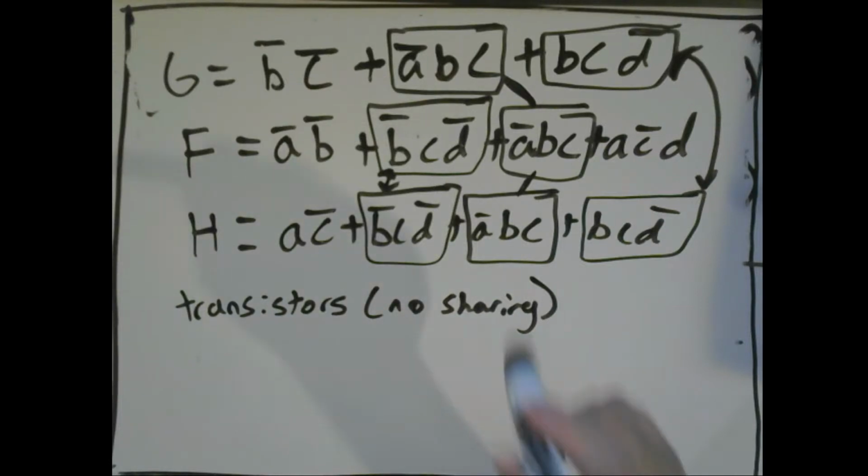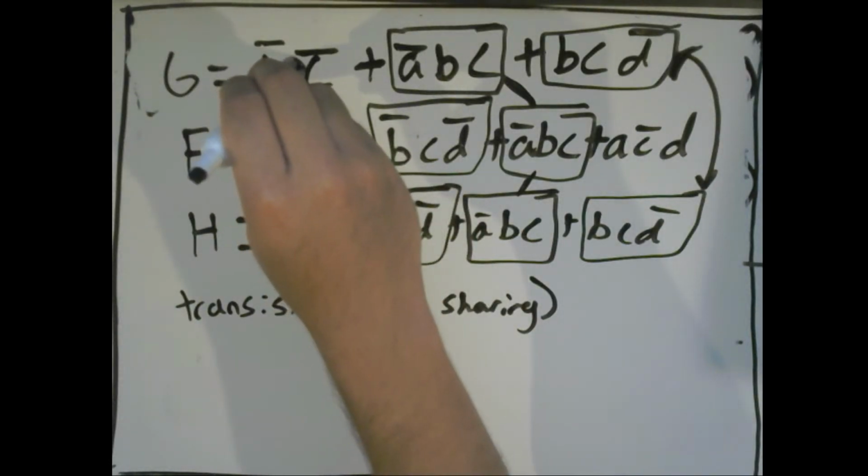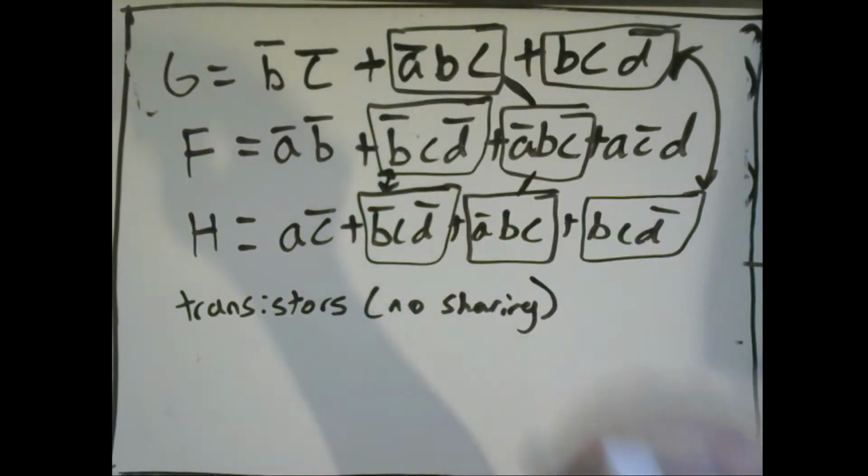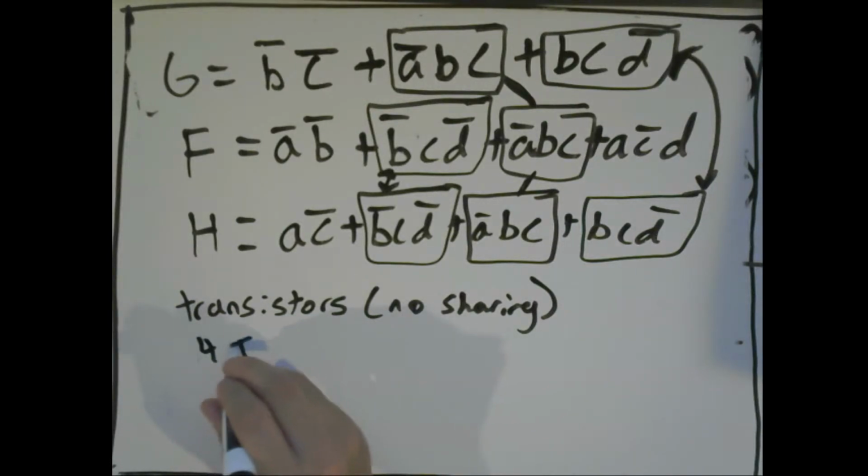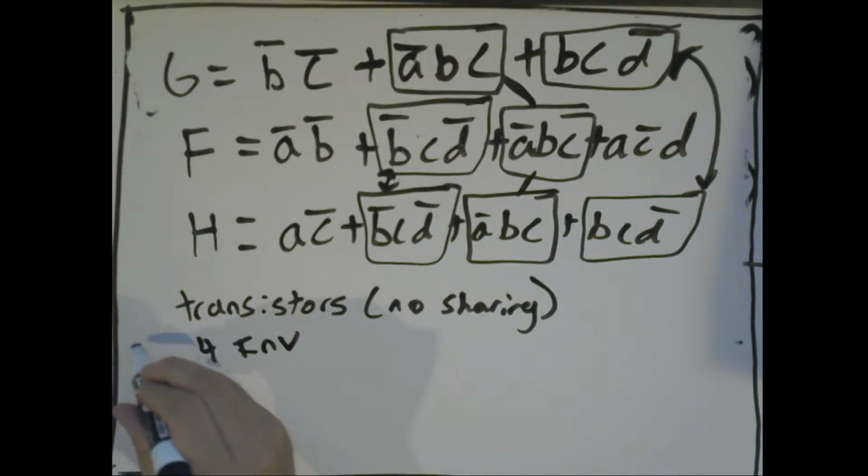We have B not occurring, we have C not occurring, and we have A occurring. A not occurring, and we have D not occurring. So we have 4 inverters, because those literals appear every single time in this G equation.